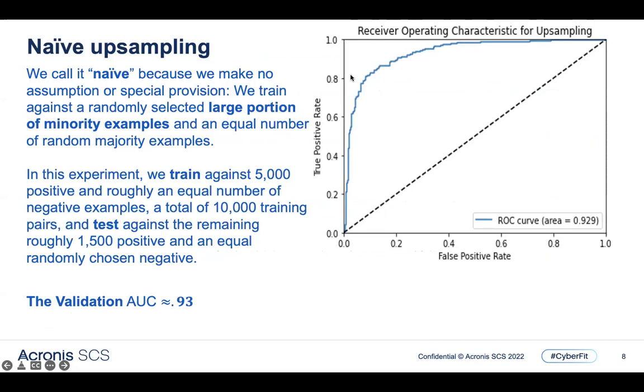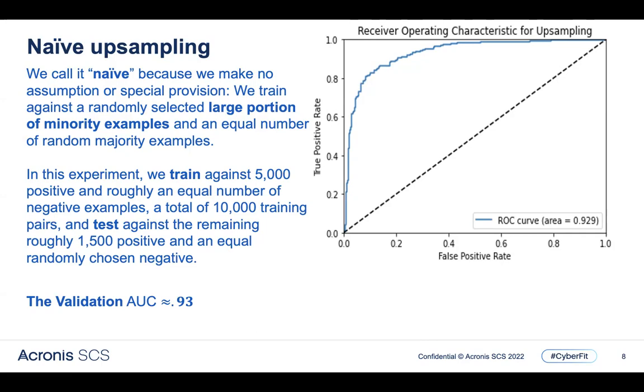Let's start with the naive upsampling. We call it naive because we make no further assumption or any special provision, with the exception that in every upsampling, we take a fixed number of positives from those that are available to us, the 6,700 some.